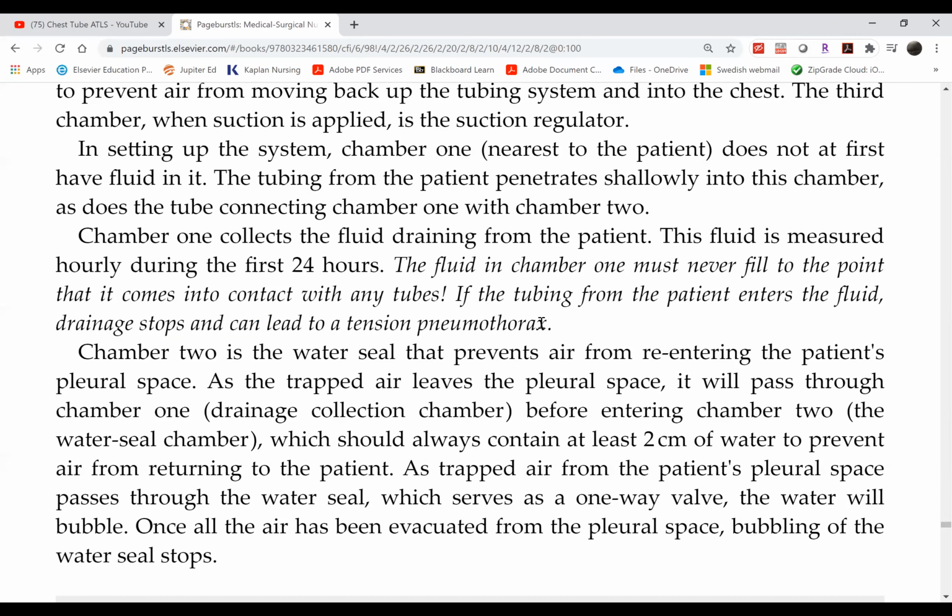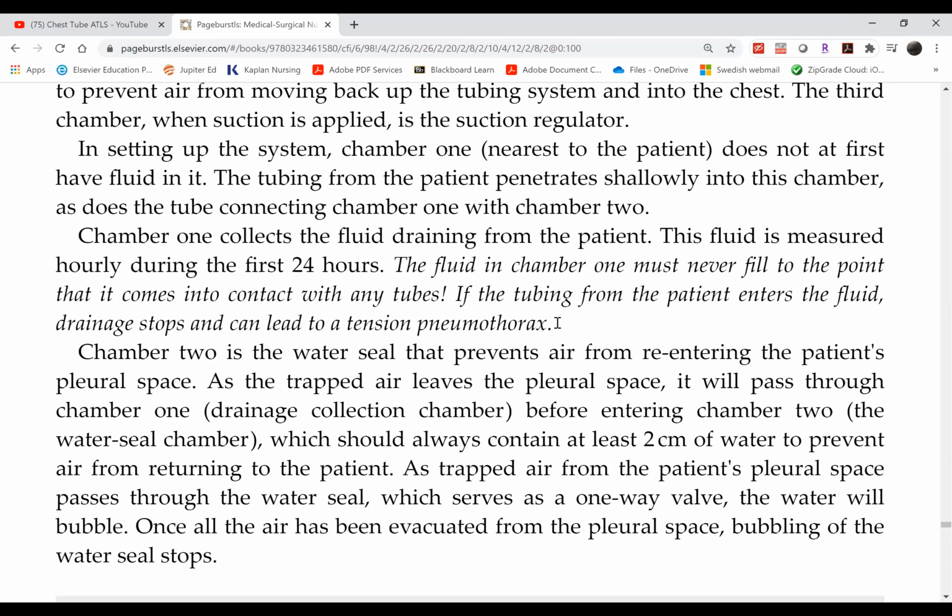Another cause of tension pneumothorax, as I mentioned earlier, is the eyelets. If you see those eyelets outside the chest, that means atmospheric air can enter the eyelet and into the pleural space. And then another is if it gets disconnected. Remember the adapter, where you connect the chest tube to the drainage system, which was the last part of the video we watched.